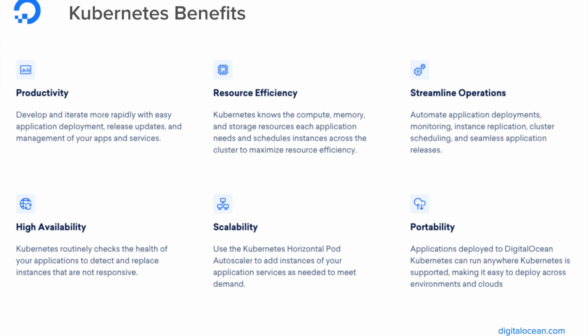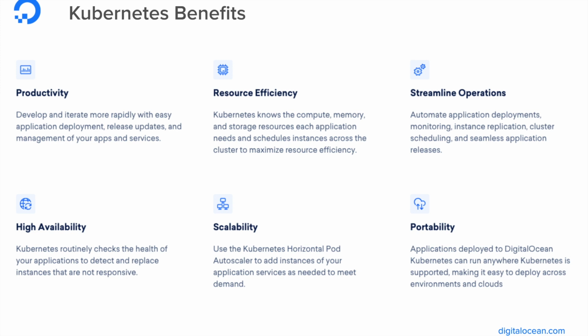It also helps you to streamline your operations, automating your application deployments and monitoring, and not having to do that yourself. And like I mentioned before, there's high availability. You don't have servers that are going offline that have a specific job per se. Any machine in the cluster potentially could handle running the application.